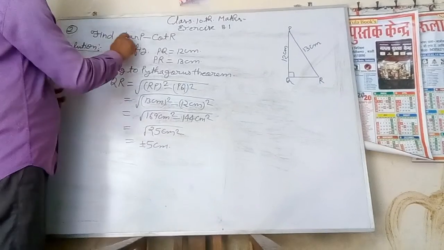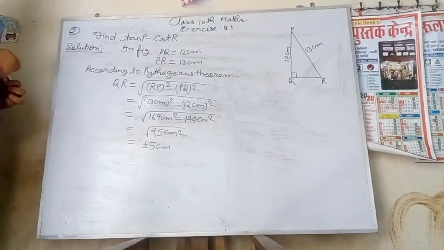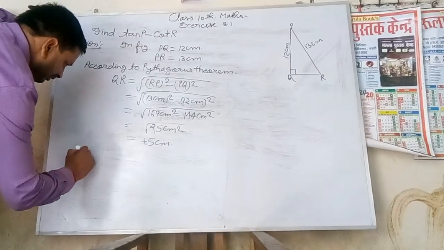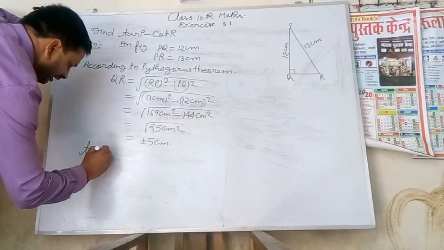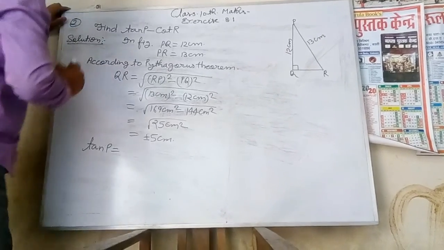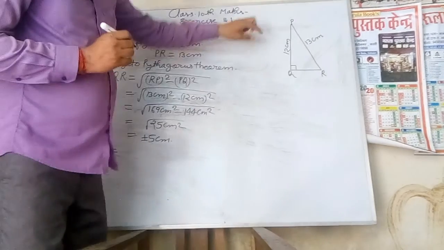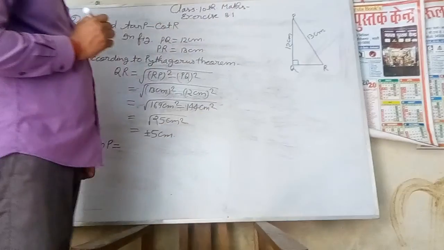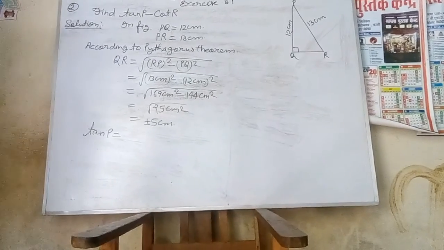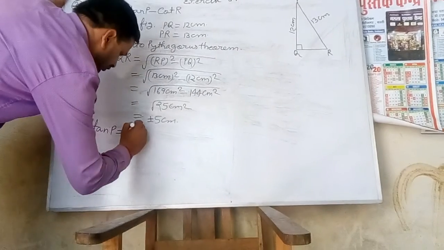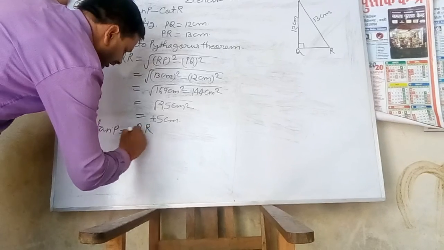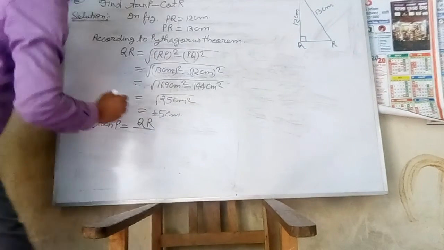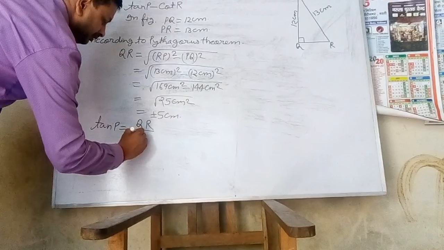Now first find out tan P, means tangent of P. So tangent of angle P equal to, for angle P, QR is perpendicular, then perpendicular QR upon, and this side PQ is base.